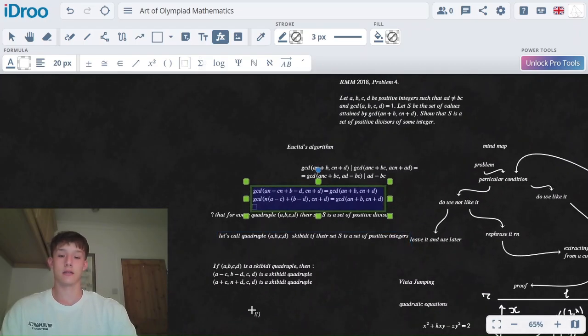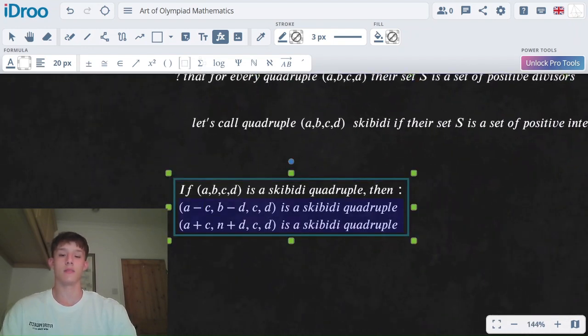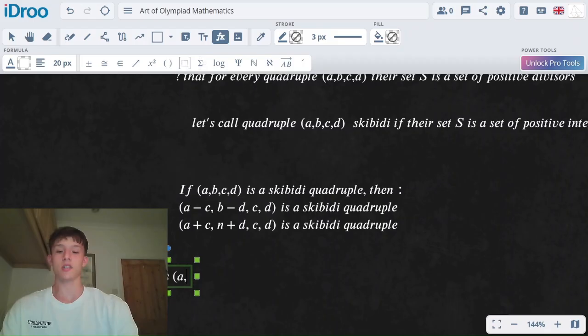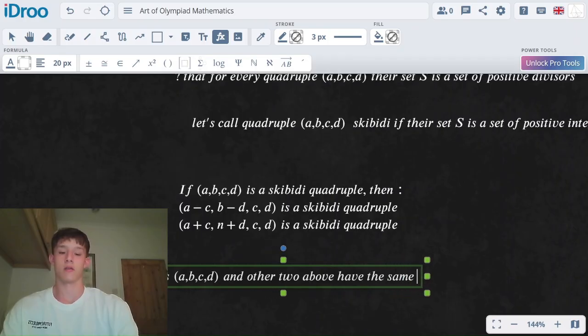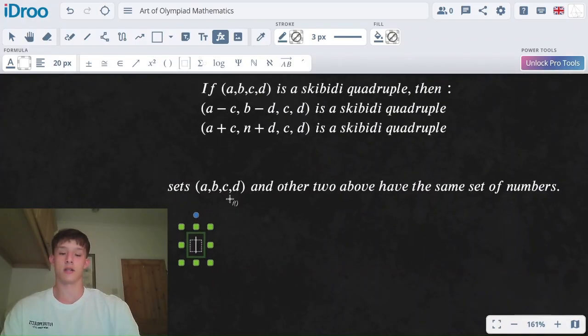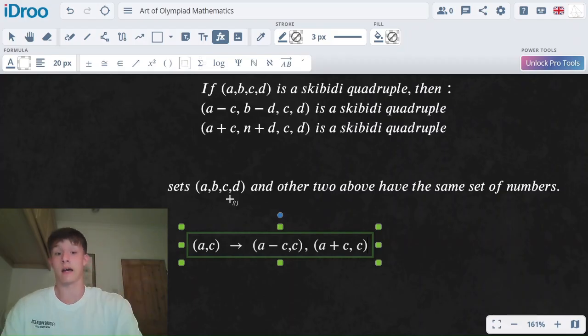That's pretty amazing, and the reason is that now we can manipulate A minus C, B minus D, C, D and A plus C, B plus D, C, D, because they have the same set of numbers as A, B, C, D. If we just look at A and C, we can go to A minus C, C, and to A plus C, C. We can also go to the opposite ones, like A and C minus A. That's allowed.